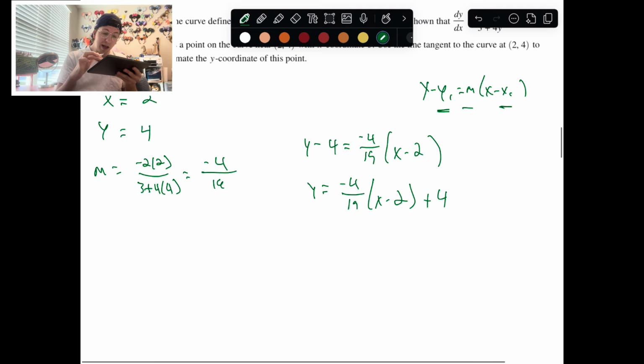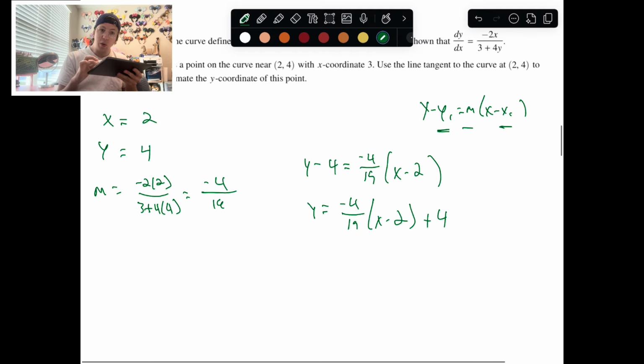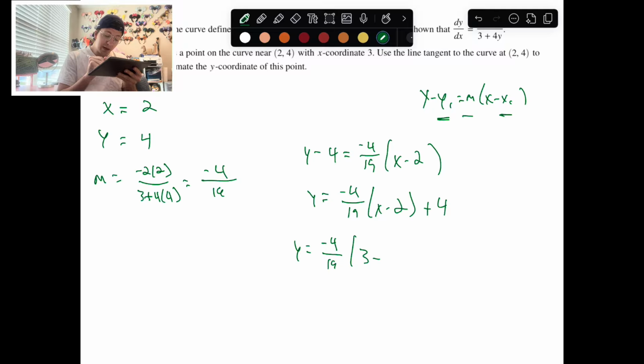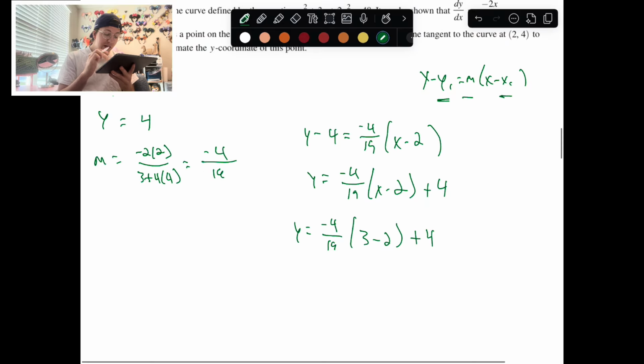All right, so let's use our x value coordinate 3 to plug in. So we have y is equal to negative 4 over 19 times 3 minus 2 plus that 4. Okay, so 3 minus 2, that is 1. So we are just left with negative 4 over 19 times 1, which is negative 4 over 19 plus 4.